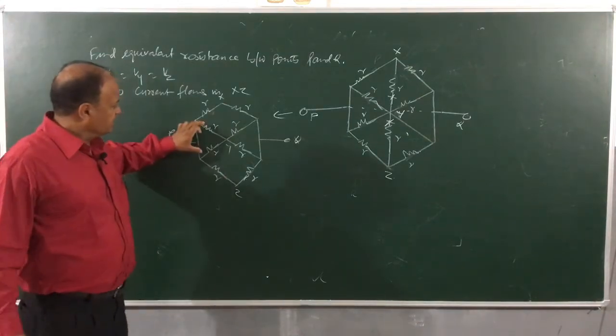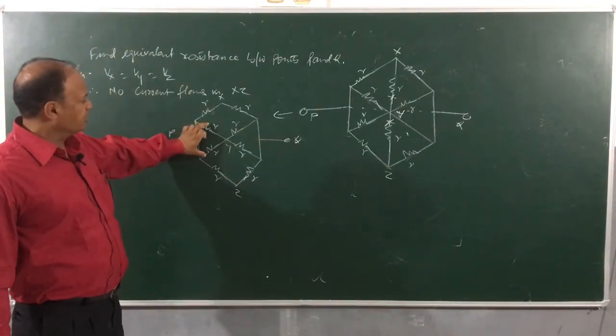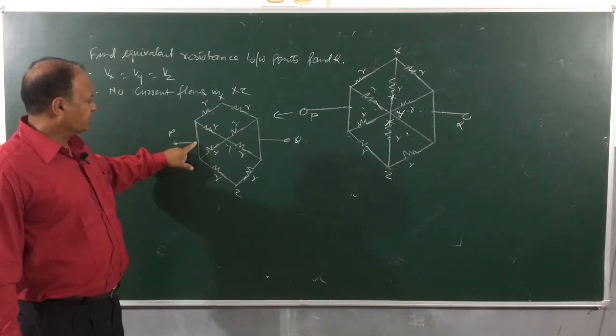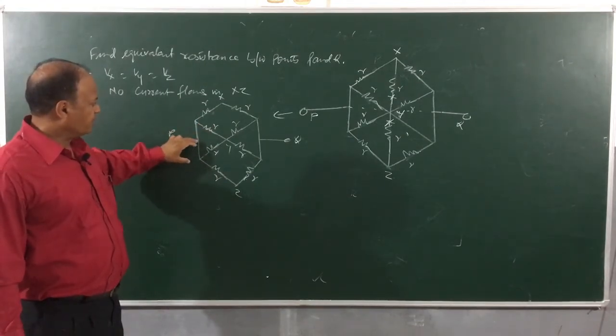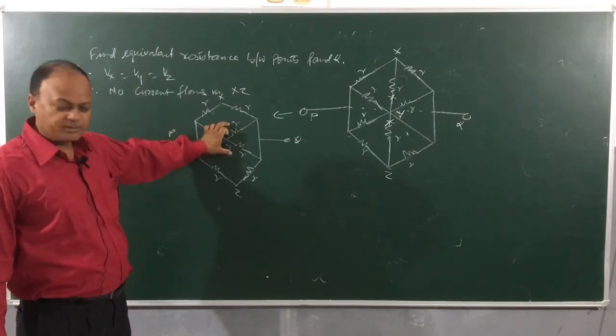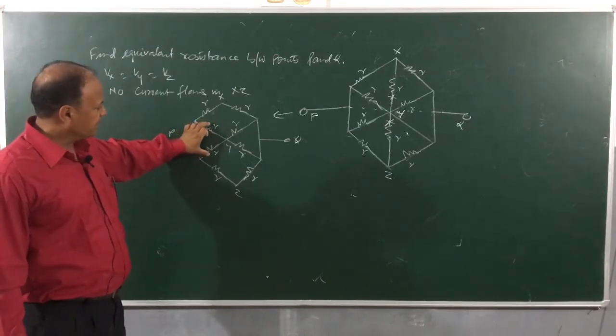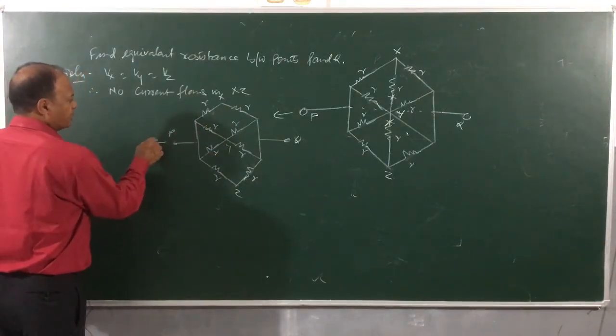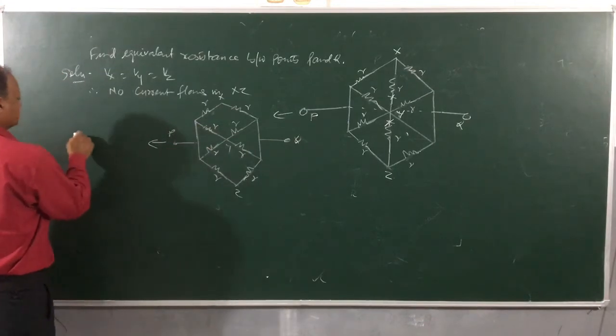I already did earlier in the first problem that these two are in parallel combination, because potential difference across this and this is the same, potential difference across these two is also the same, therefore these two will be in parallel and these two will also be in parallel. So, if we simplify, then the circuit becomes something like this.